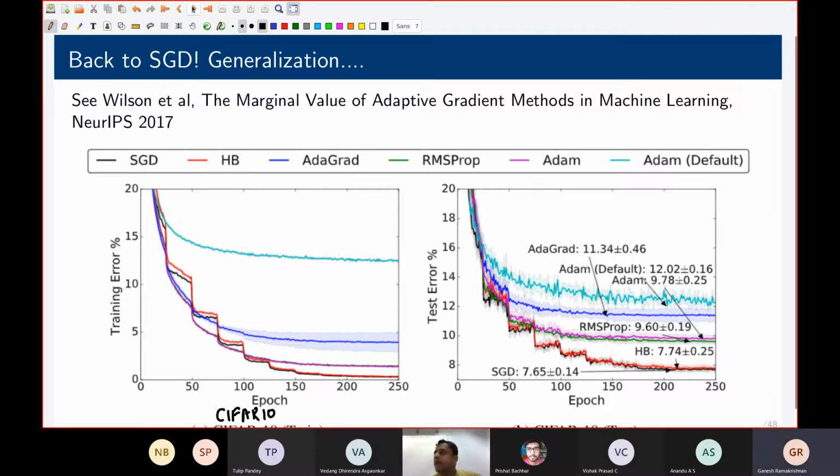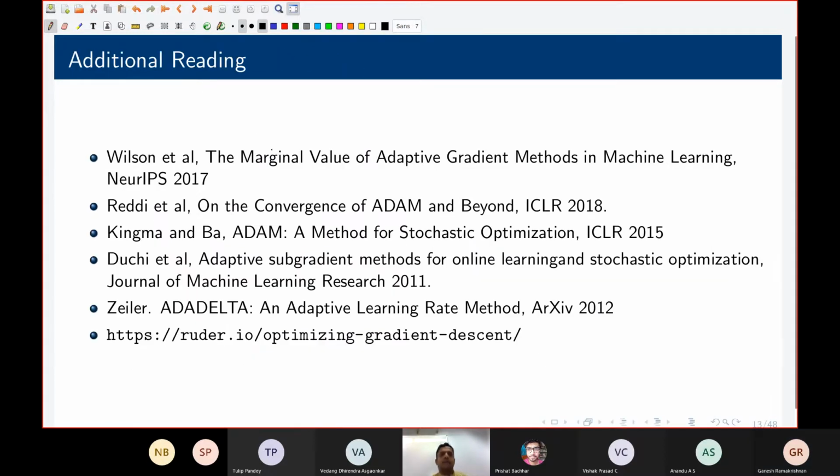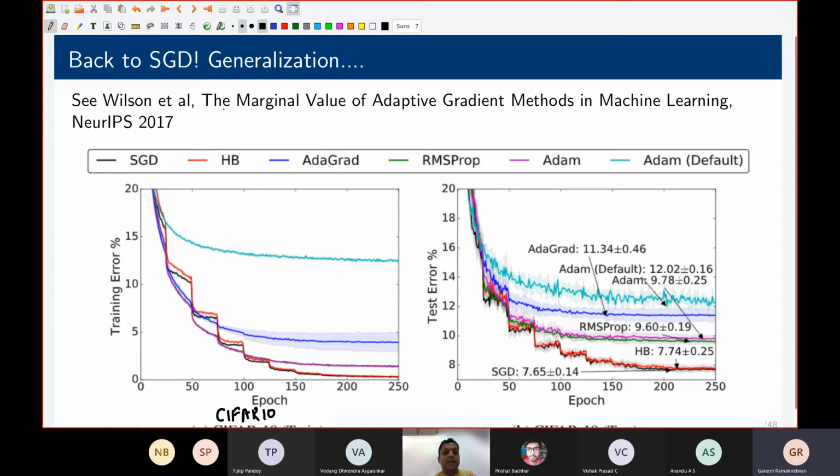There's marginal value. At least you can always show adversarial settings. They're showing that SGD does pretty well as well. Adam has gotten you off to a good start, at least in this setting.